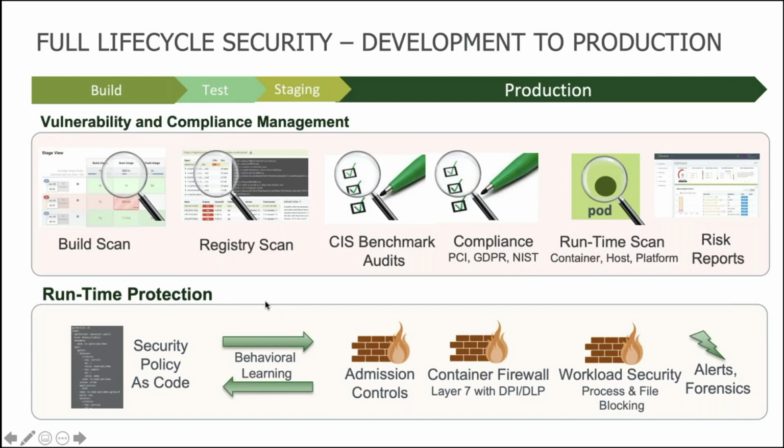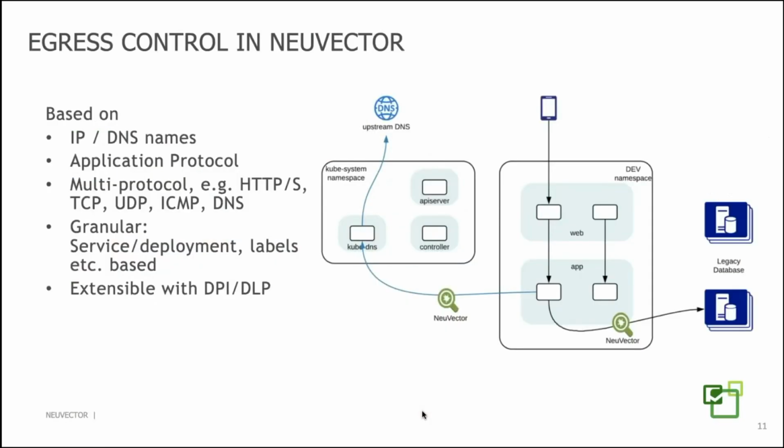The way NeuVector works is there's a behavioral learning capability that can learn all of the network connections and container behavior, and then can create the firewall rules, and it essentially suggests those for you. And that can also be exported as security as code. So that's a quick overview, and feel free to contact us for more details on any of that.